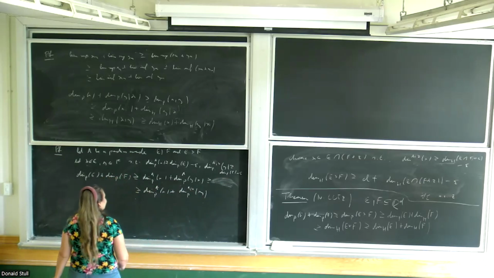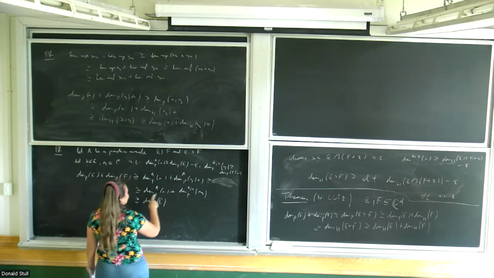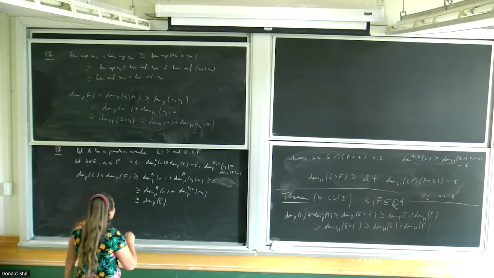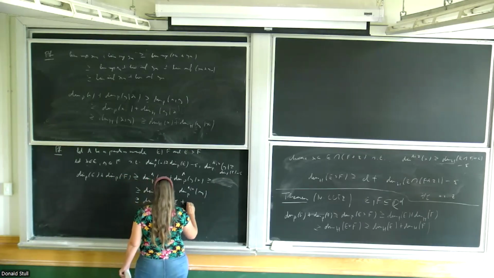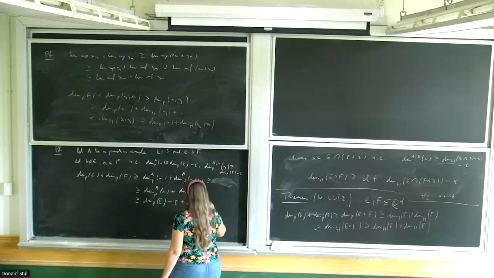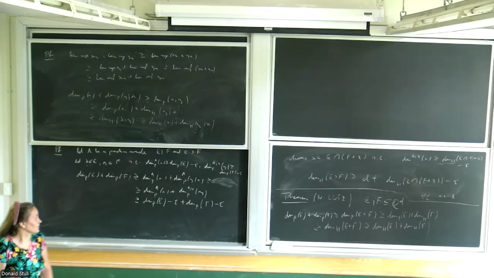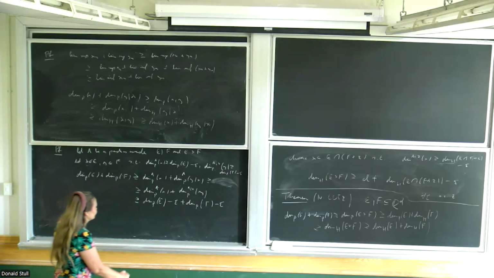And now we are done. So now it is correct. There's a minus epsilon here, because of taking the points. Minus epsilon is coming now. This minus epsilon plus packing dimension of F minus epsilon. So this is true for every epsilon.